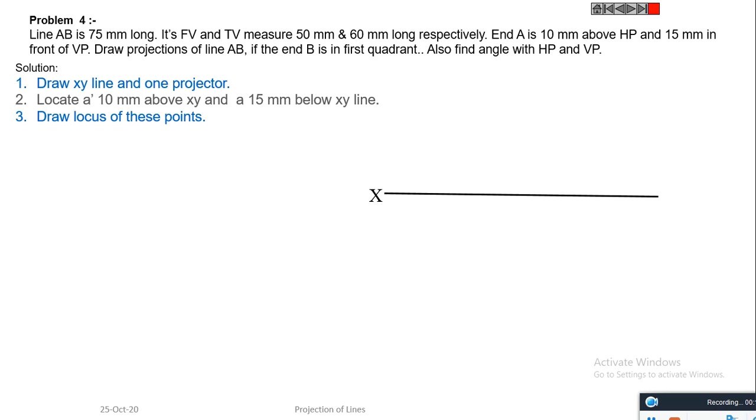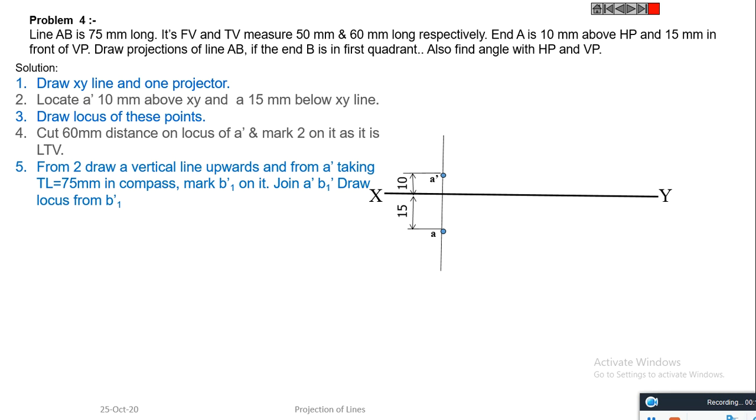Draw the XY line. Locate A dash and A. A dash is 10 millimeter above XY line and A is 15 millimeter below XY line. Also draw the locus of these lines. Cut a distance of 60 millimeter on the locus of A dash to get the point 2 on it, as it is the line top view.